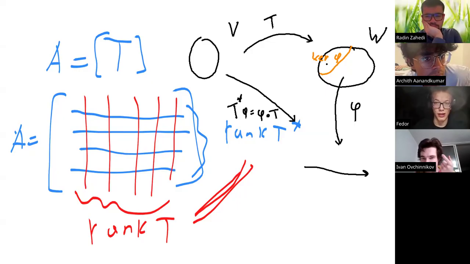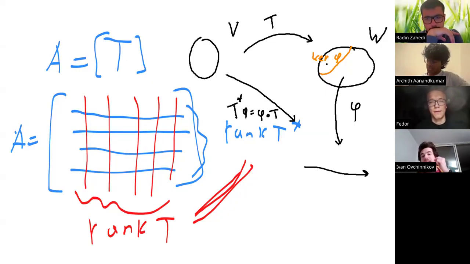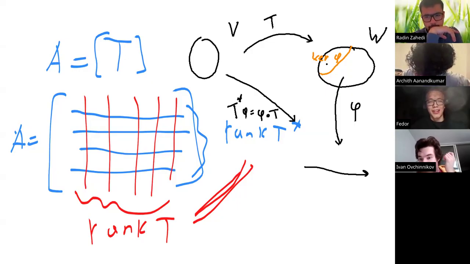It's even in a different color from everything else. Tv is in the kernel of phi. That's exactly right. If the image of T is contained in the kernel of phi, then T star phi gets sent to 0. Phi gets sent to 0 by T star. Do you agree?